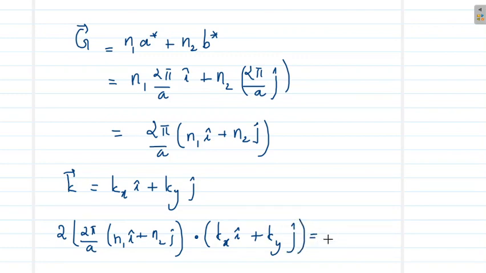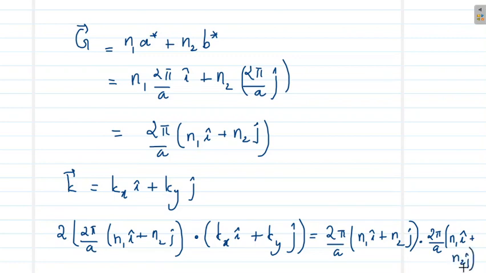So mod g squared is simply g bar dot g bar, so it is 2 pi by a into (n1 i cap plus n2 j cap) dot 2 pi by a into (n1 i cap plus n2 j cap).